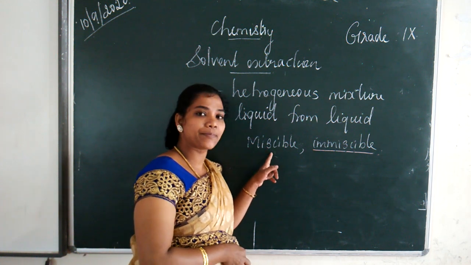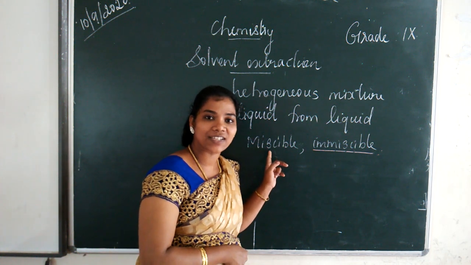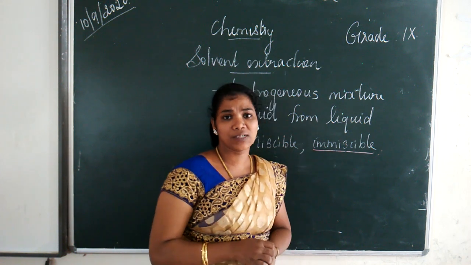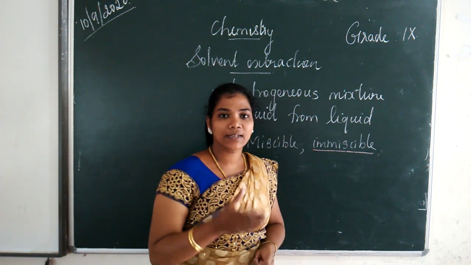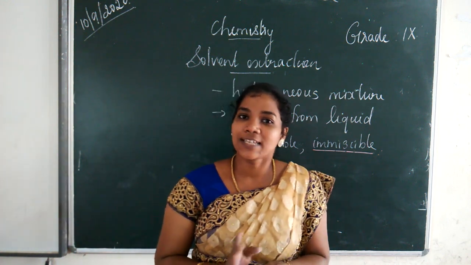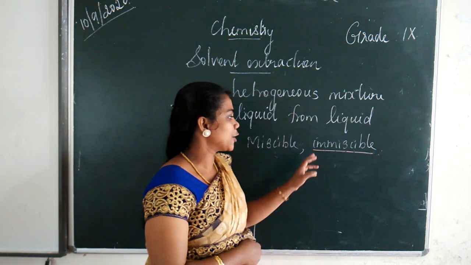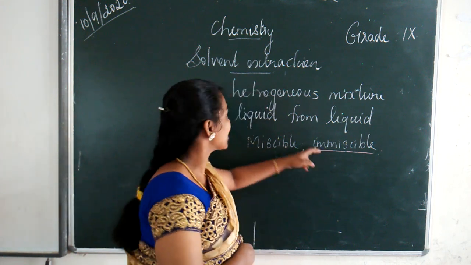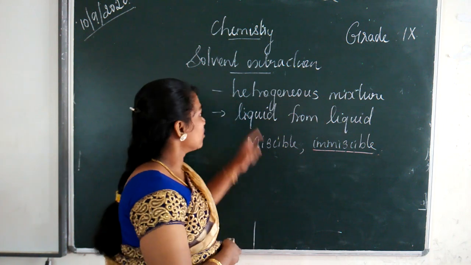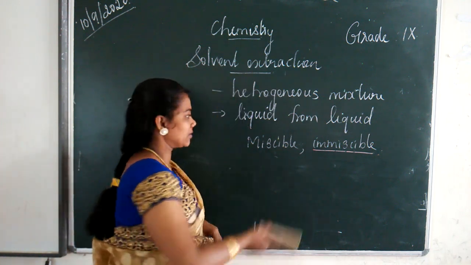And it can be separated by the technique called what? Fractional distillation. Immiscible liquid means two liquids, for example oil in water, kerosene in water, that do not dissolve with each other. Such liquids we can separate by using the technique called what? Solvent extraction.